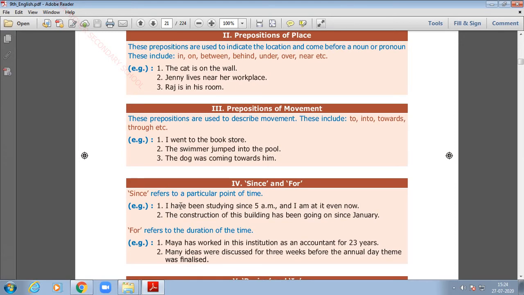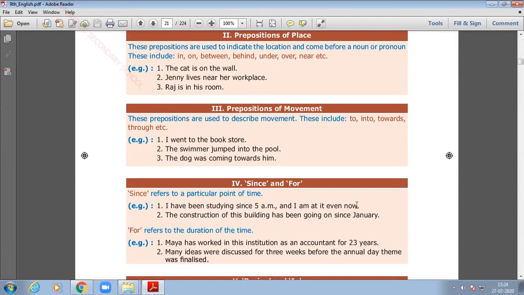So you started once upon a time. Hope you remember the tense. Okay, we have 4 forms for each condition. We have simple, continuous, perfect, perfect continuous, and since and for occur in a sentence only with this perfect continuous form. So whenever you use since or for, you always have this perfect continuous form in a sentence, which means it indicates a time that had started earlier once upon a time and is still going on.